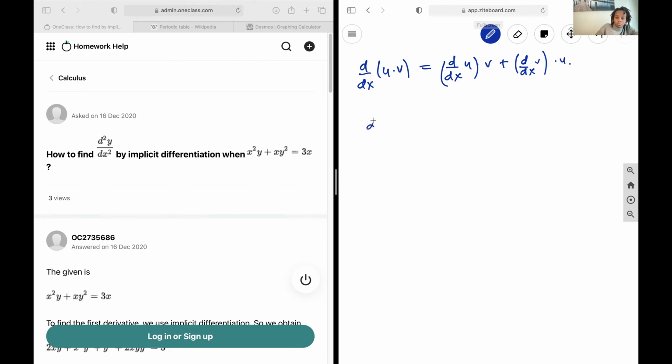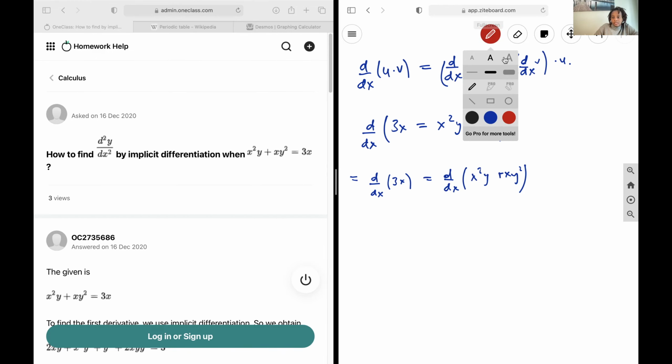And so we want d over dx of this entire statement. So 3x is equal to x squared y plus xy squared. And so that's going to be d over dx of 3x is equal to d over dx of x squared y plus xy squared.